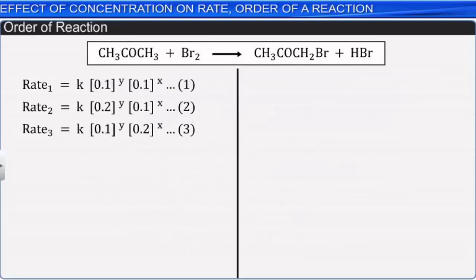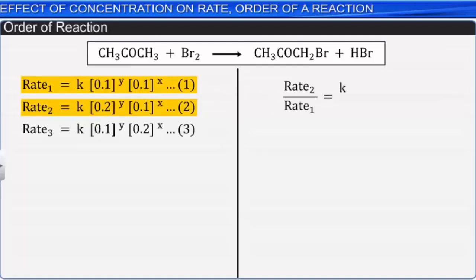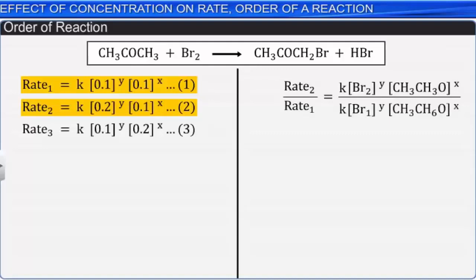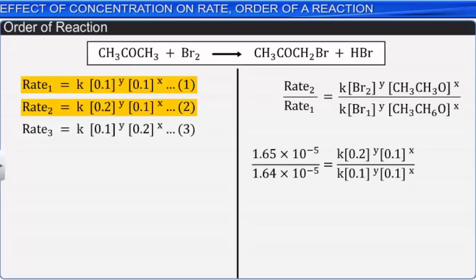Dividing equation 2 by 1, we get rate 2 by rate 1 is equal to K multiplied by the concentration of bromine in experiment 2 to the power Y multiplied by the concentration of acetone to the power X, divided by K multiplied by the concentration of bromine in experiment 1 to the power Y multiplied by the concentration of acetone in experiment 1 to the power X. On solving for Y, we get Y is equal to 0.